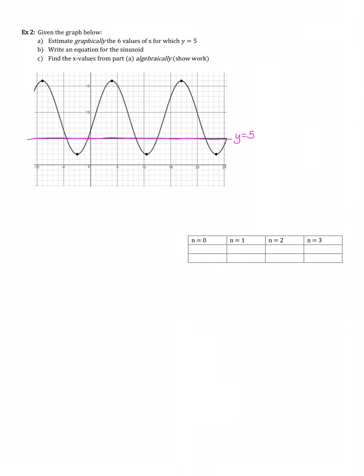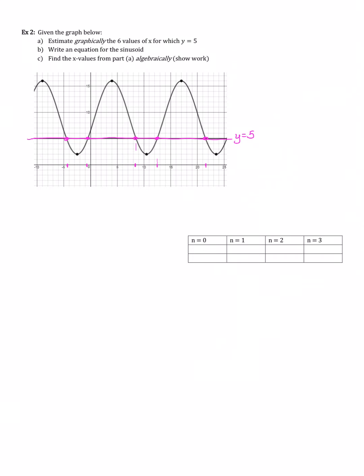You can see all these points where y equals 5 intersects this periodic function, this circular function. Those are the values we want to come up with. I'm not going to estimate the x values because we're going to actually figure out what they are, but they should all coordinate with what I'm marking on the x-axis.